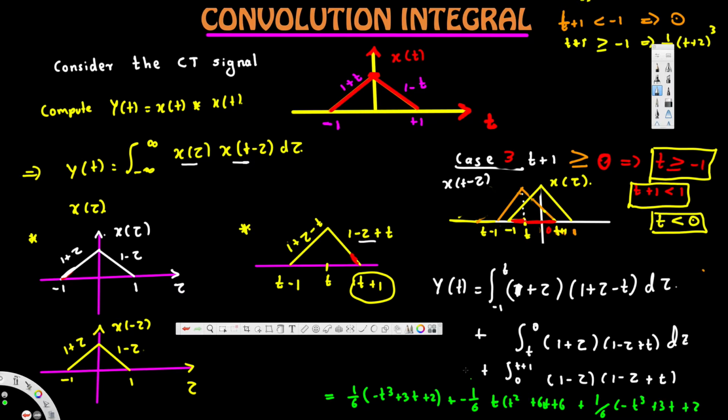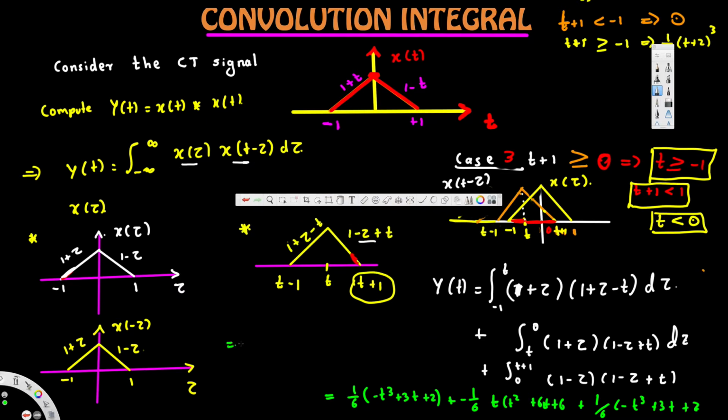So this is what we are going to have after we do the integration. And if we simplify further, the final expression is going to look like this: 1 over 3 times negative t cube plus 3t plus 2, plus minus 1 over 6 times t square plus 6t plus 6.